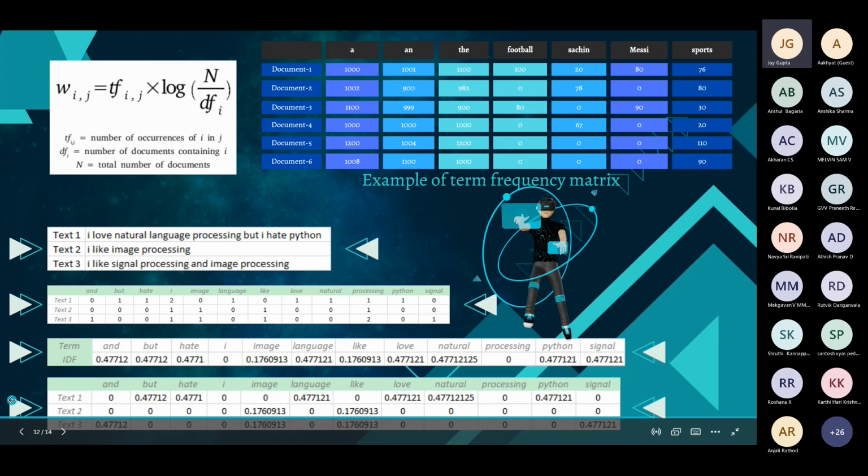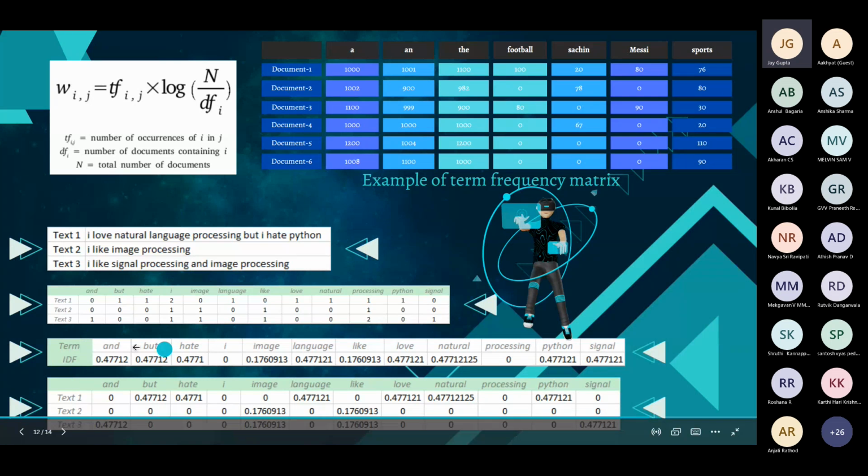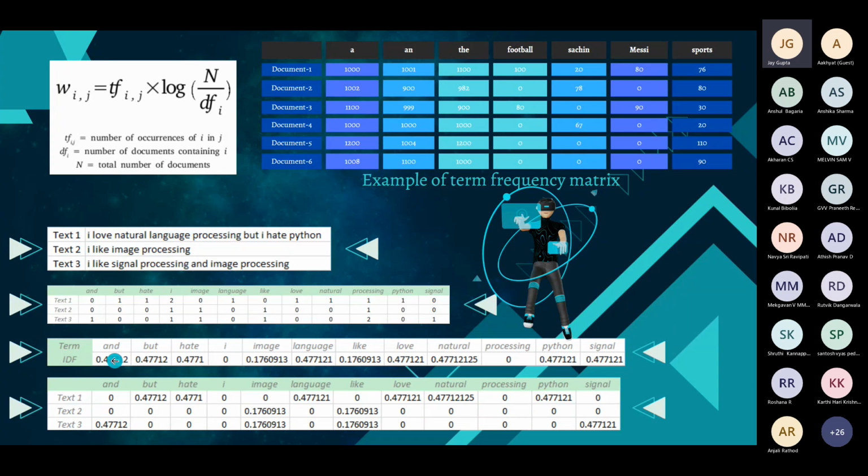If it is scattered, this value will be less; if it is not scattered, this value will be more. Similarly, we calculate inverse document frequency for all the different words.